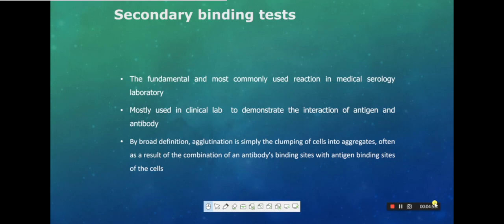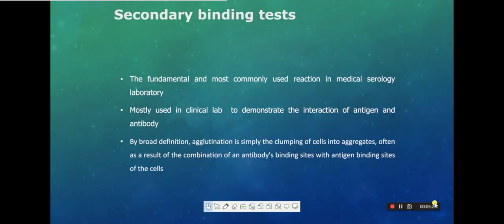This occurs when using specific antisera to identify bacterial colonies. It is also possible for free antigen to agglutinate particles that have been coated with specific antibodies. This occurs when testing CSF for soluble cellular antigen.